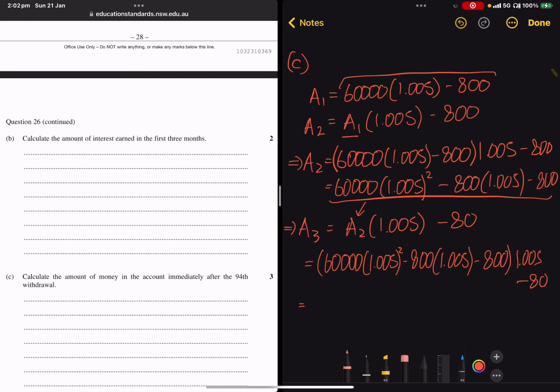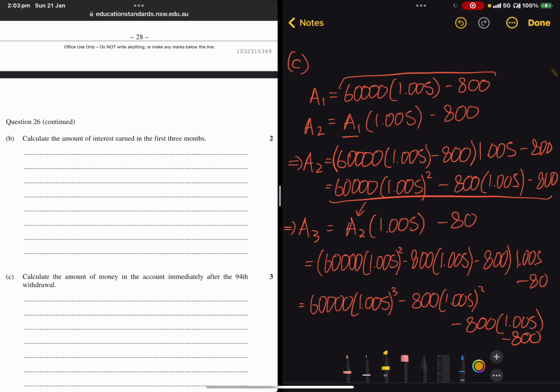If we expand this out, this becomes 60,000 times 1.005 cubed minus 800 times 1.005 squared minus 800 times 1.005 minus 800. You should be able to see a pattern forming here.